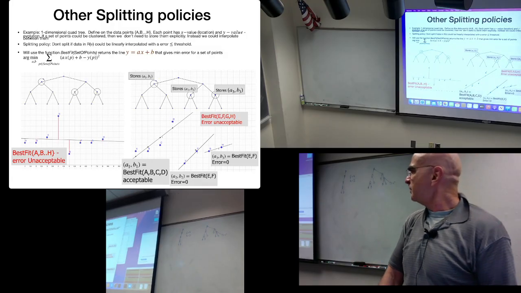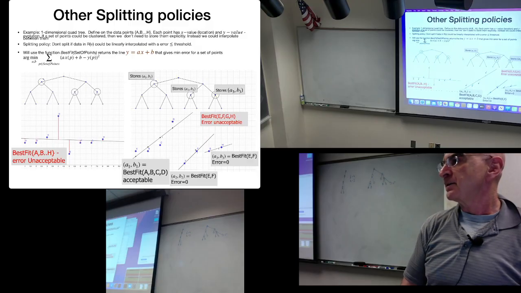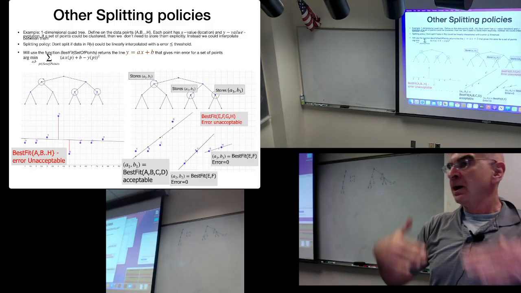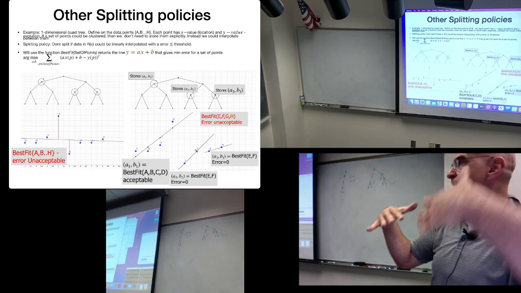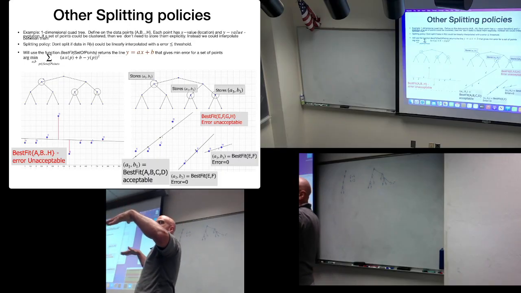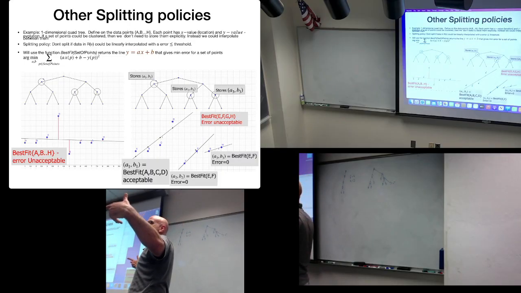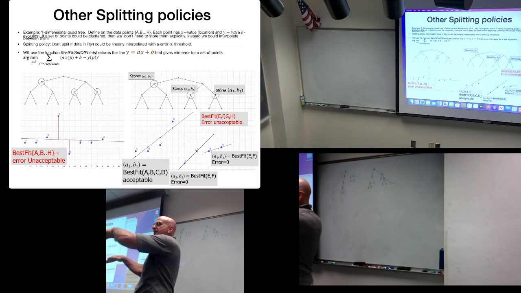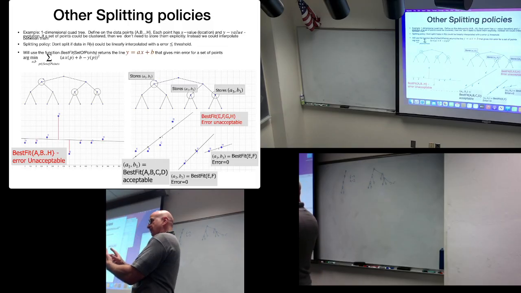Makes sense, right? It's just to say that our splitting in a quadtree is not necessarily based on whether the pixels are one color or another. If we have a gray level image that we build a quadtree for, the splitting policy would be: if I look at all the pixels in a quadrant and the difference between the highest and the lowest is acceptable, then I'll just keep this quadrant as a whole.